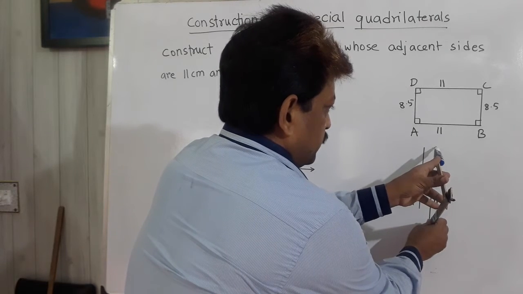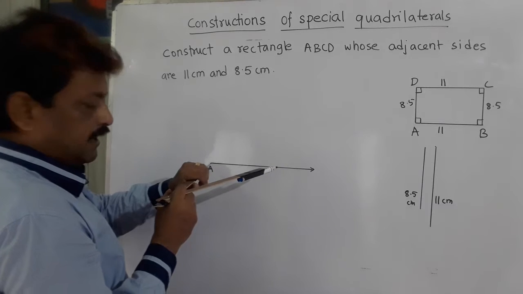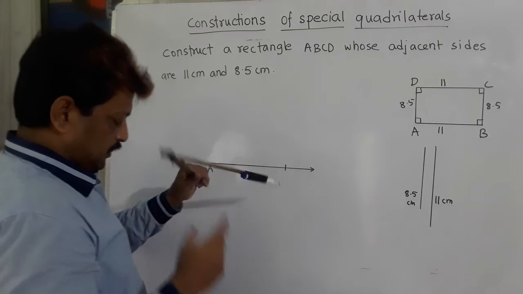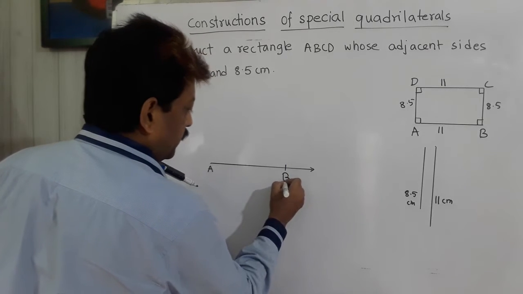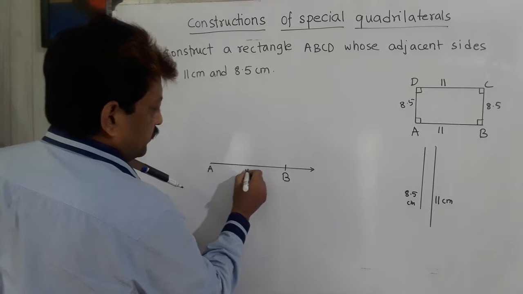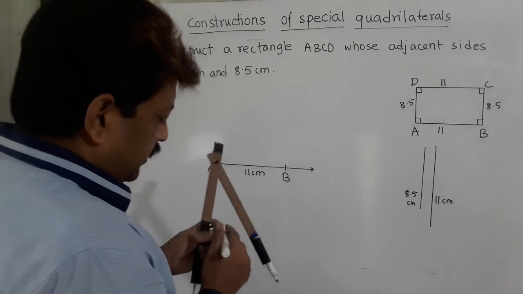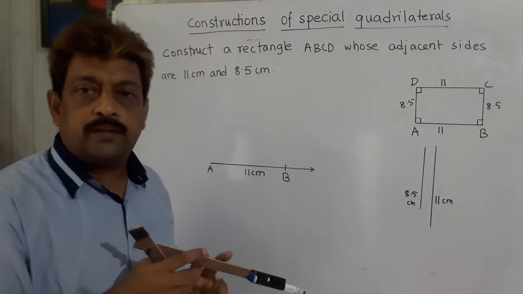Take 11 centimeter from here, place the compass at A and then cut this line. This is B, and AB is 11 centimeter. Next, angle A and angle B both are 90 degree.